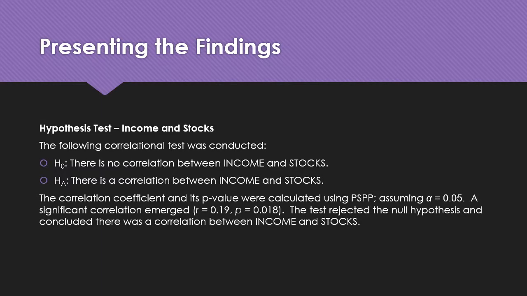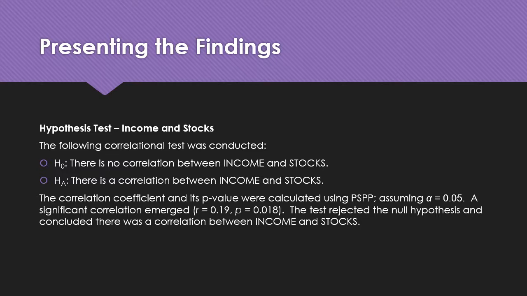The same was observed with income and stocks, where again our null hypothesis will always state that there is no correlation between the one variable versus the next, in this case income and stocks, and the alternative will be there is a correlation between income and stocks.